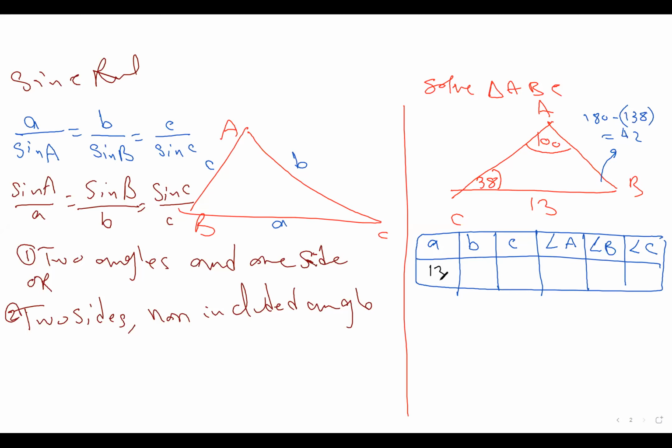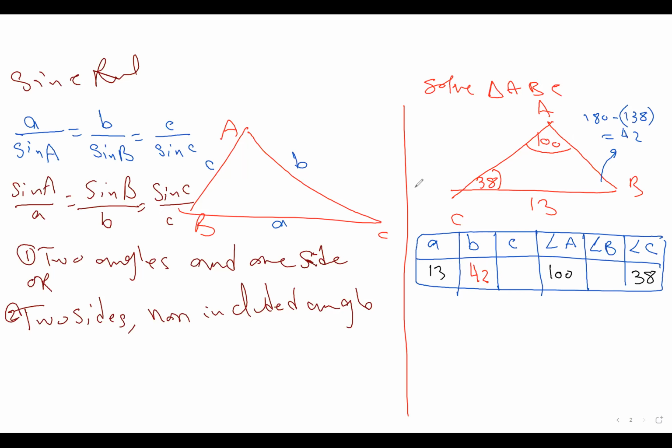And we have angle A, which is 100, and angle C, which is 38. I'll write in a different color the angles that we found and the sides that we will find. Angle B is 42. Okay, what about side C or side B?